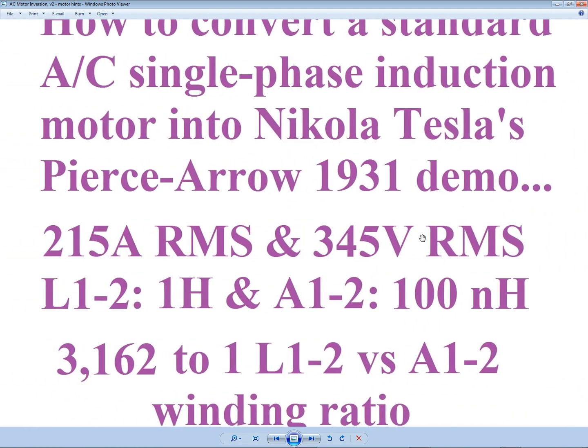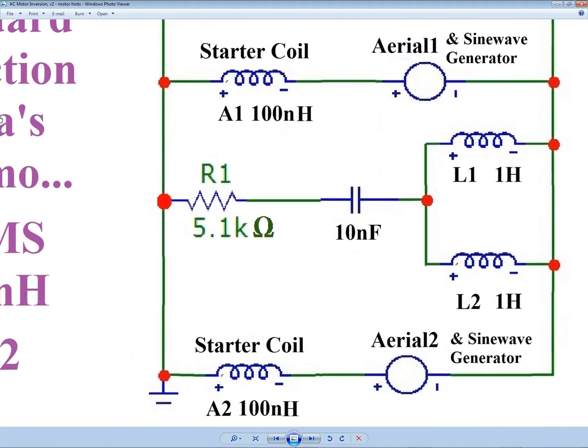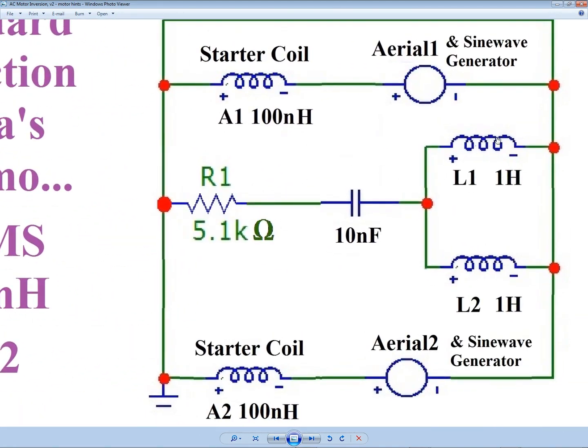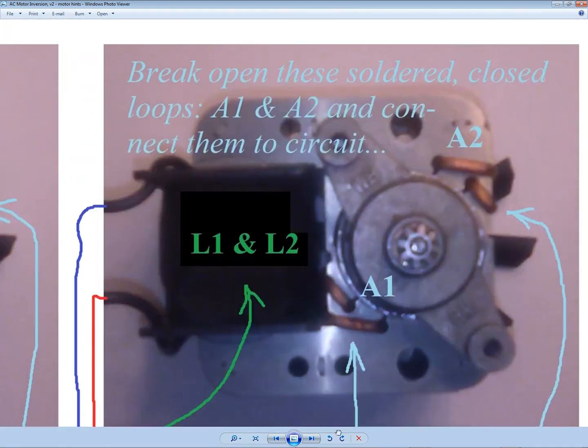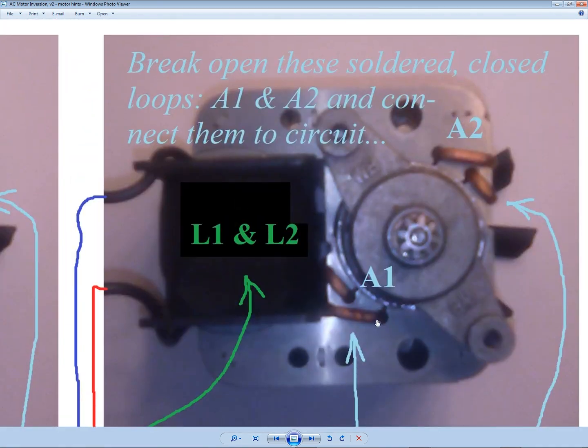Now, unfortunately, the windings, this is a huge difference between L1 and L2 and A1 and A2. The difference not only in inductance: you take the square root of the ratio difference of self-induction between these two pairs of windings, between the current coils, the starter coils, and the voltage coil on the bobbin.